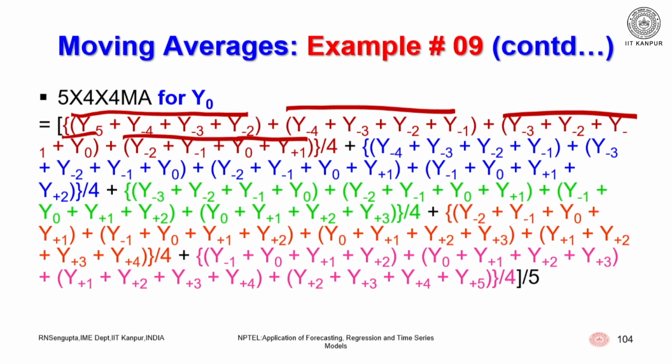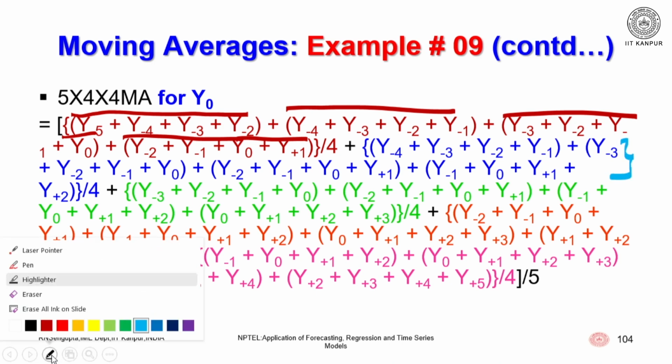The second element is y minus 4 because it has moved one notch to the right: y minus 4, y minus 3, y minus 2, y minus 1. The third such set of numbers is y minus 3, y minus 2, y minus 1, y naught. So, y naught is coming, and the fourth such set of numbers is y minus 2, y minus 1, y naught, y plus 1. All these values are divided by 4, because there are 4 numbers, hence it becomes 4 cross 4. The second block is marked in blue, this one.